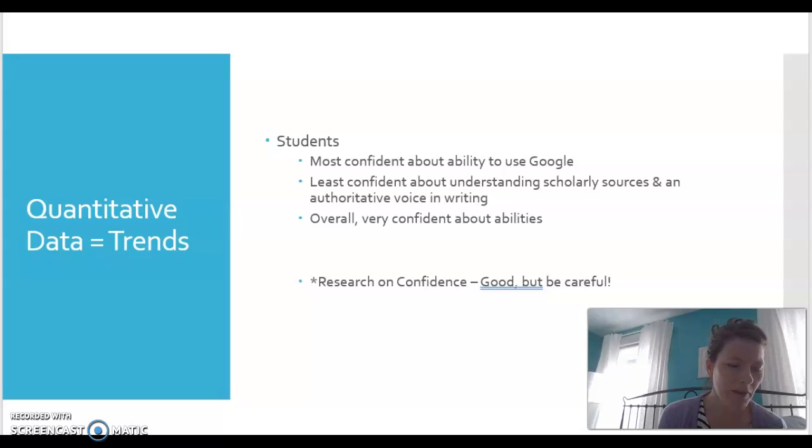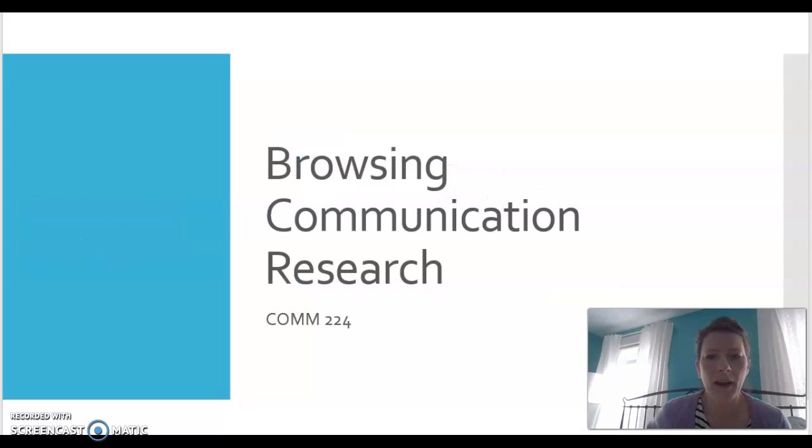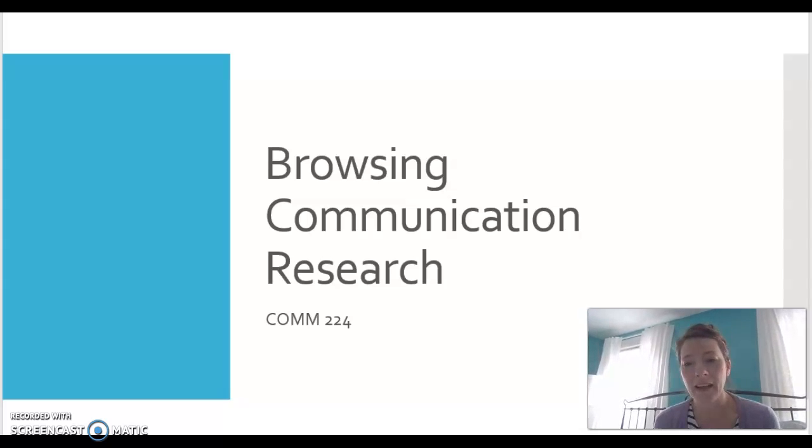I also just want to briefly touch on the browsing communication journals assignment that you conducted for me. Here was pretty basic. I asked you to look at 3 key journals and to pick out a few things that you were interested in and think about the kinds of articles and research that you were seeing.